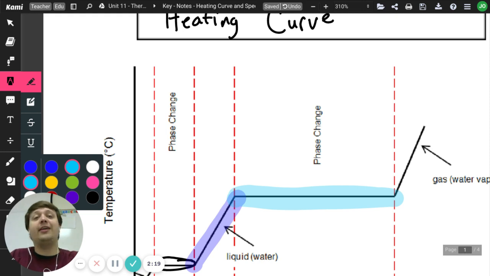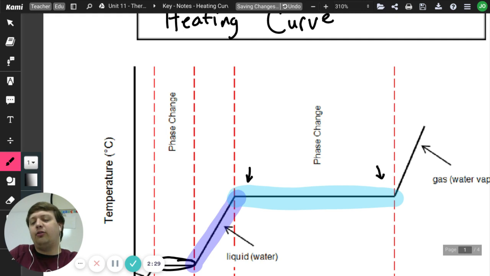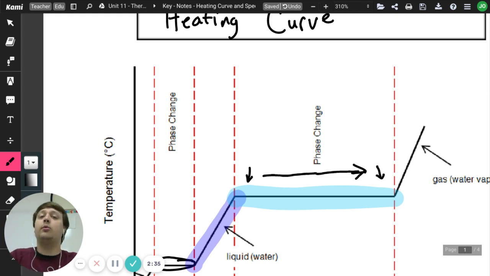And so during that stage, we're going to have a little bit of liquid and some gas. Towards the liquid end, we're going to have more liquid, and towards the gas end, we're going to have more gas. So as we continue to work our way across towards the right, we're going to see that phase change go more and more, and we'll see more and more of the state of matter that we're closest to.